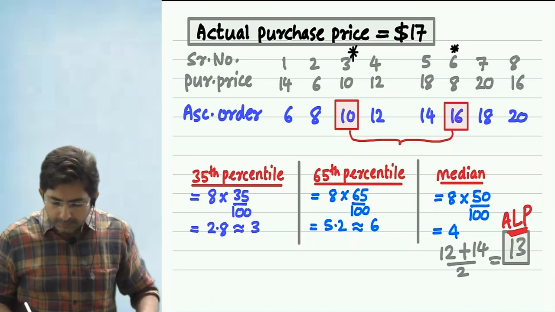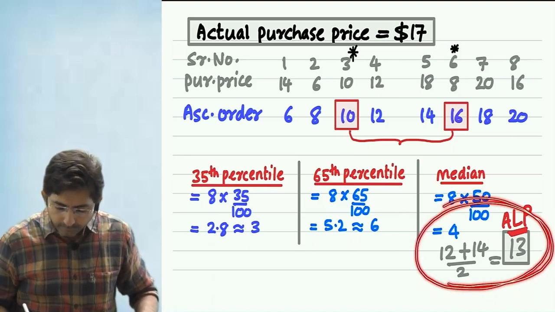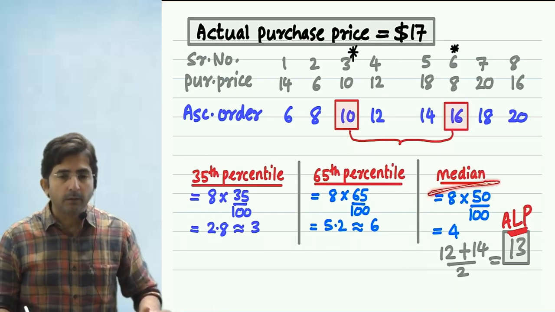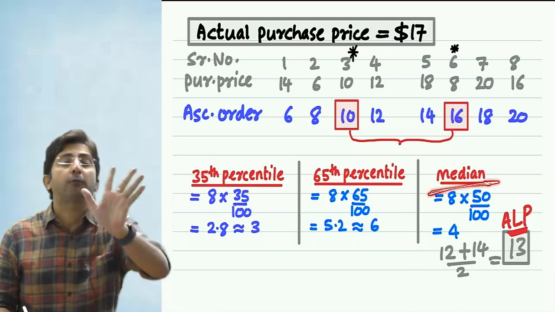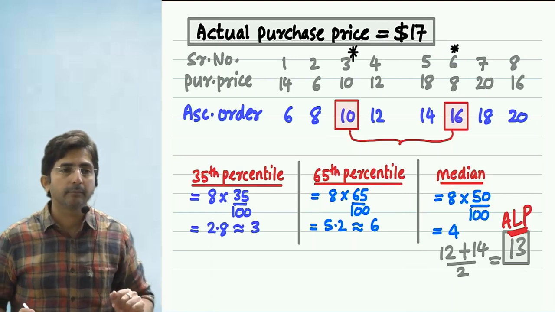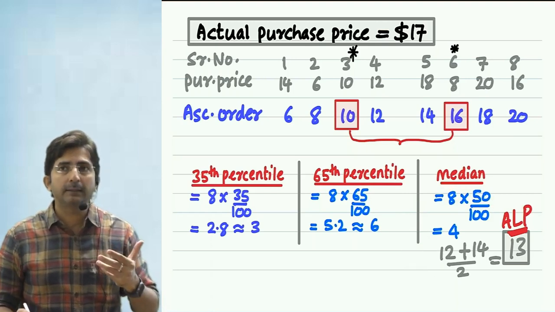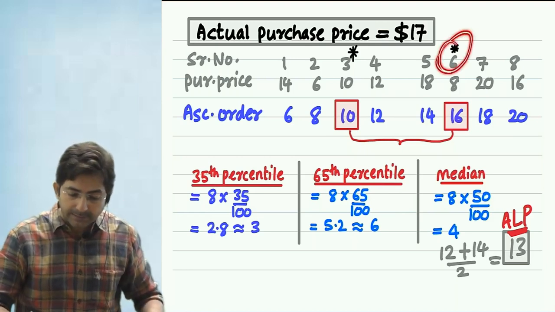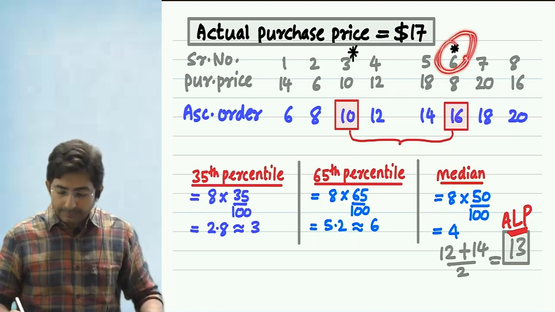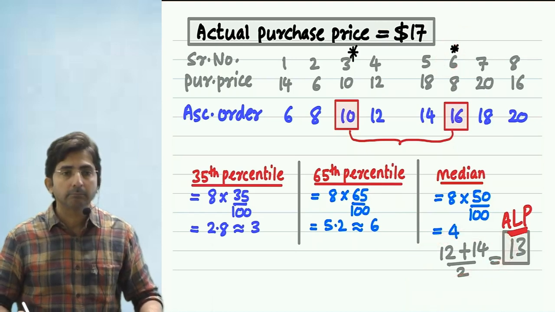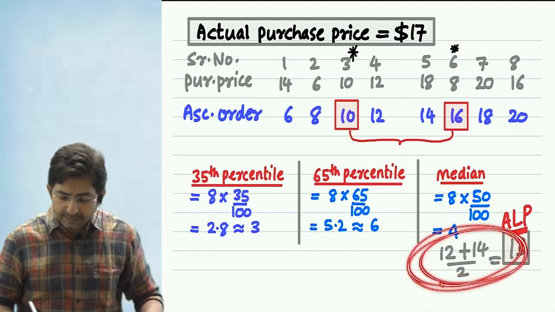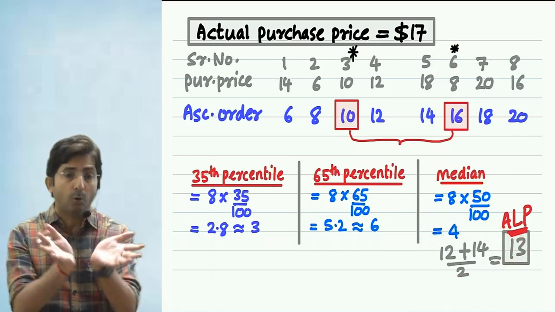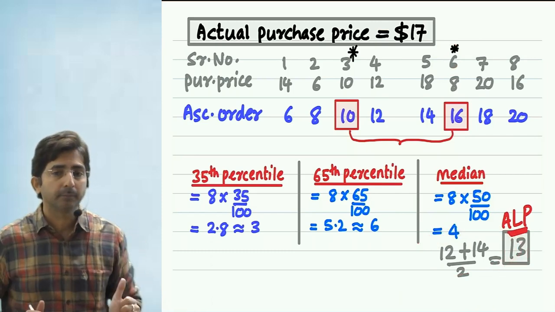Wait, did you understand what I did over here? Tell me, if median would have been 5.5, what would you have done? 5.5, then the next number is 6. Then directly I would have taken the 6th price. Then this averaging is not done. This averaging is done when? If you get the exact number, a whole number, in median.